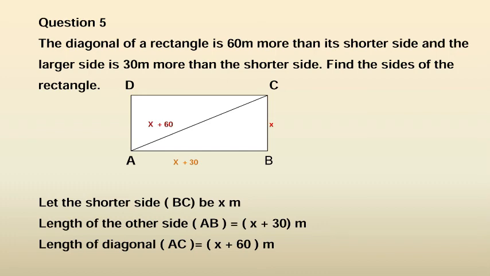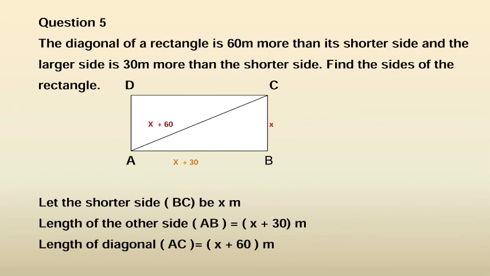One is shorter, one is longer, or it can also be called larger, and the other one is the diagonal. It is clearly mentioned in the question that diagonal is 60 meter more than the shorter side, and the larger side is 30 meter more than the shorter side.